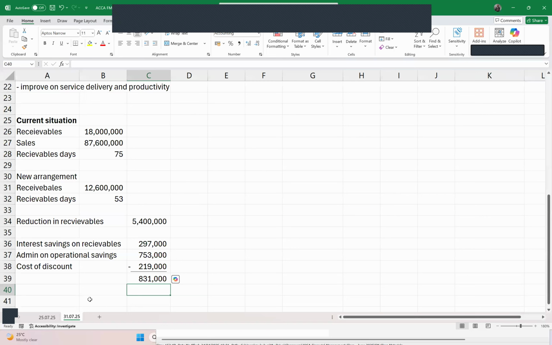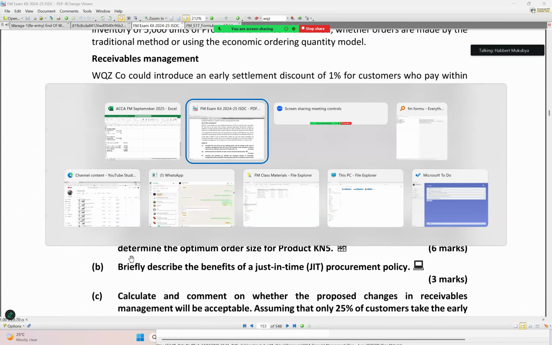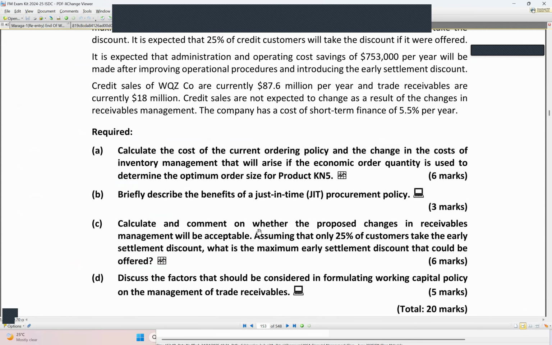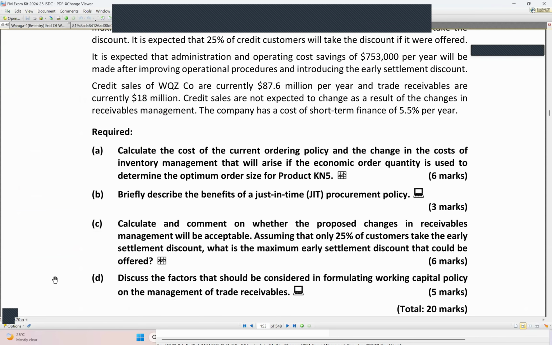So when we calculate, we see that there is a net saving or a net benefit. So because there is a net benefit, they said we calculate and comment. So the comment is, since there is a net benefit, the proposed change is acceptable.